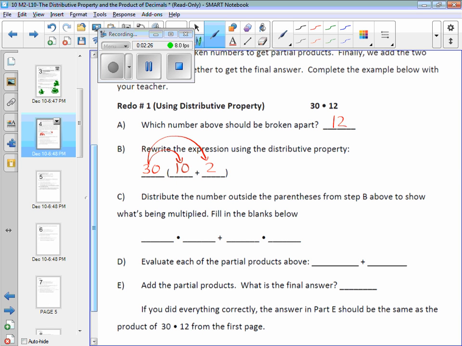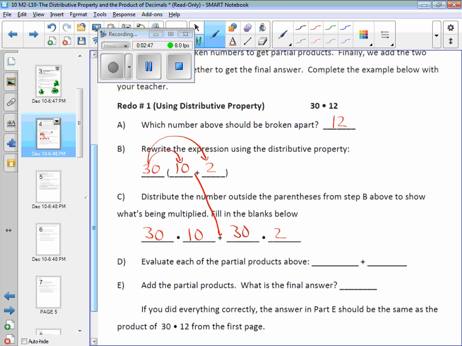Okay? And then we're just going to rewrite it down here. 30 times 10 plus, because the plus sign just gets transferred down, 30 times 2. That's the part that's kind of new, I think, if you haven't seen yet.